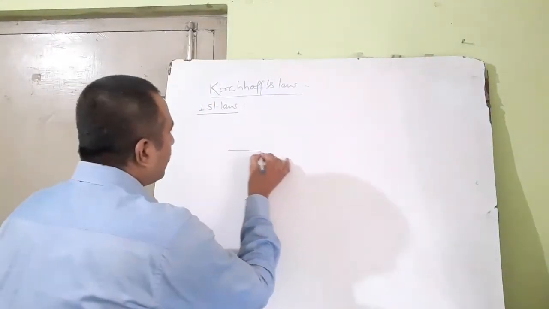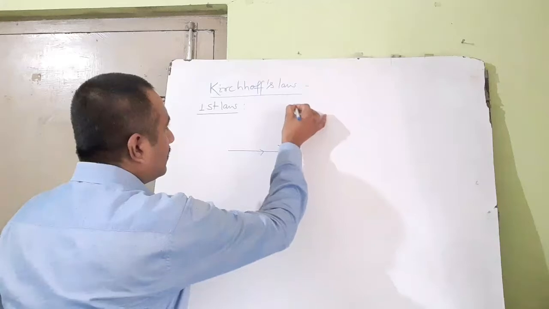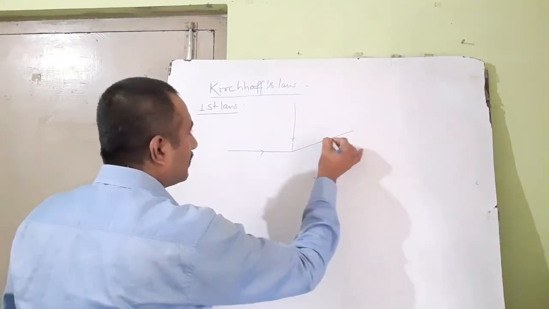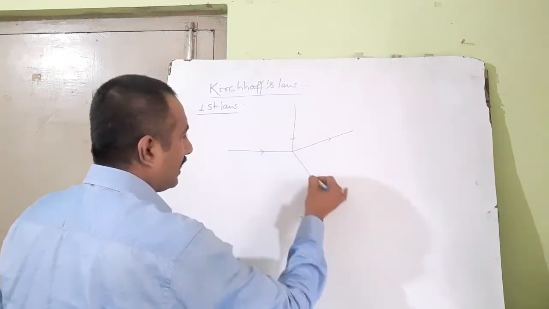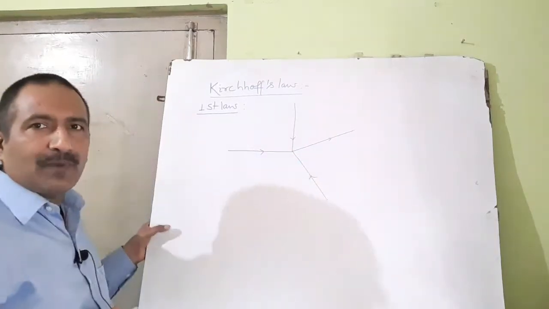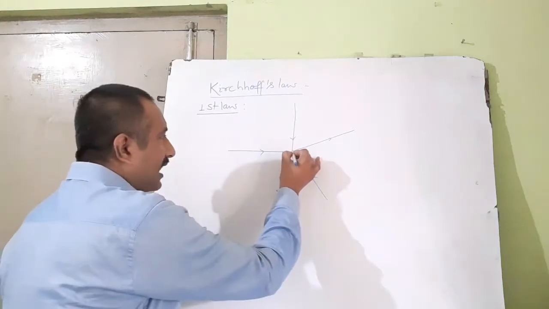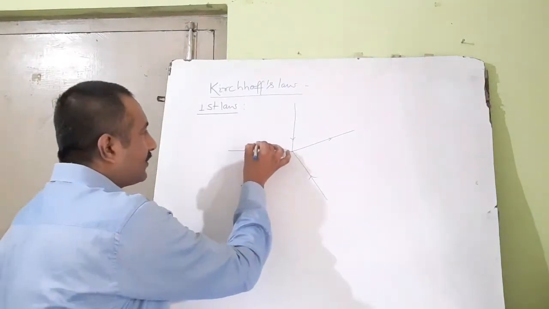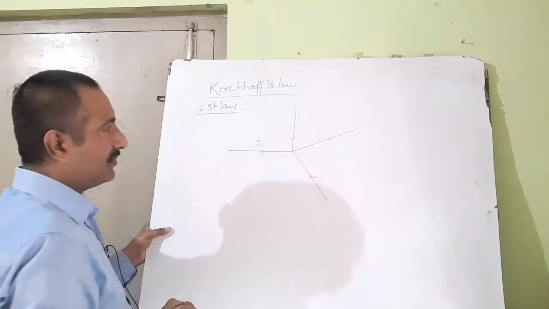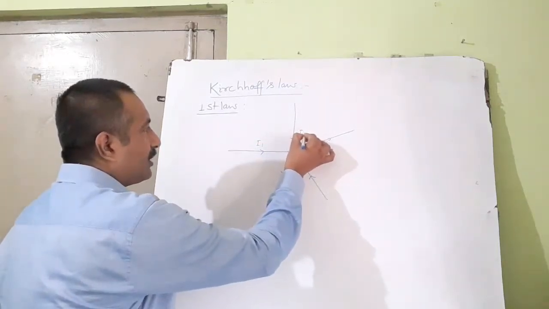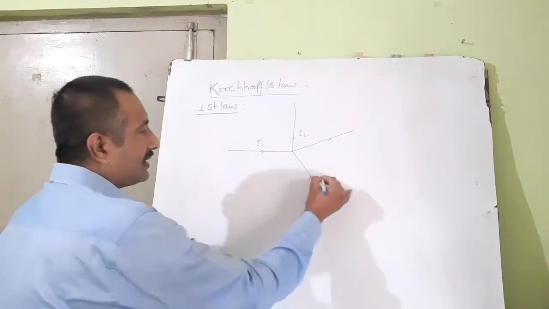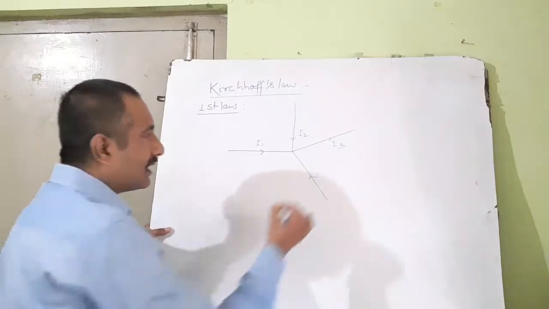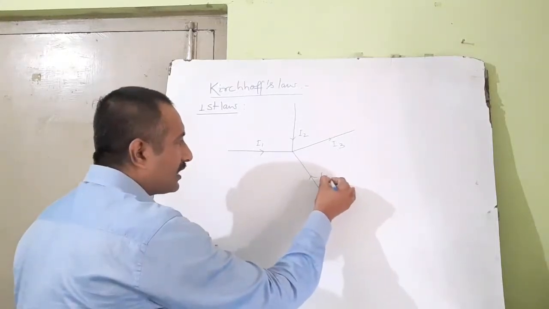this is a wire, this is another wire, this is another wire, and this is another wire. Means there are 4 wires. This is the junction of these 4 wires. A current I1 is coming to the junction, current I2 is coming to the junction, current I3 is going out of the junction, current I4 is also coming to the junction.